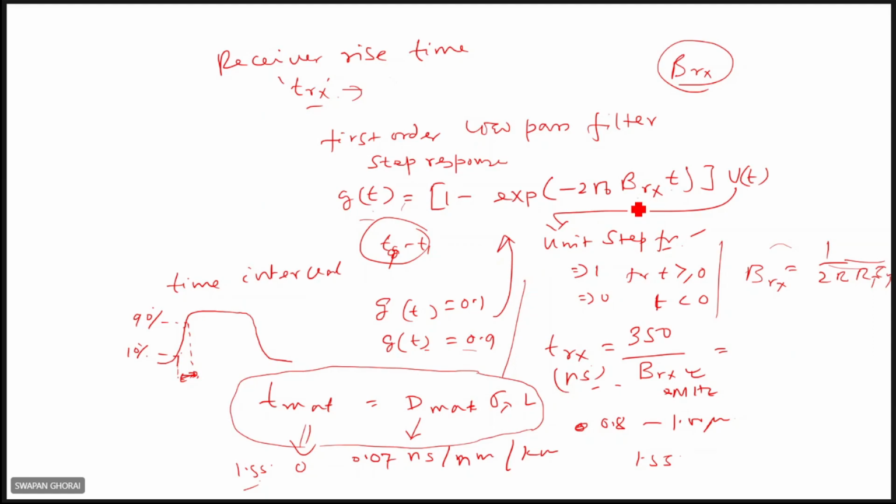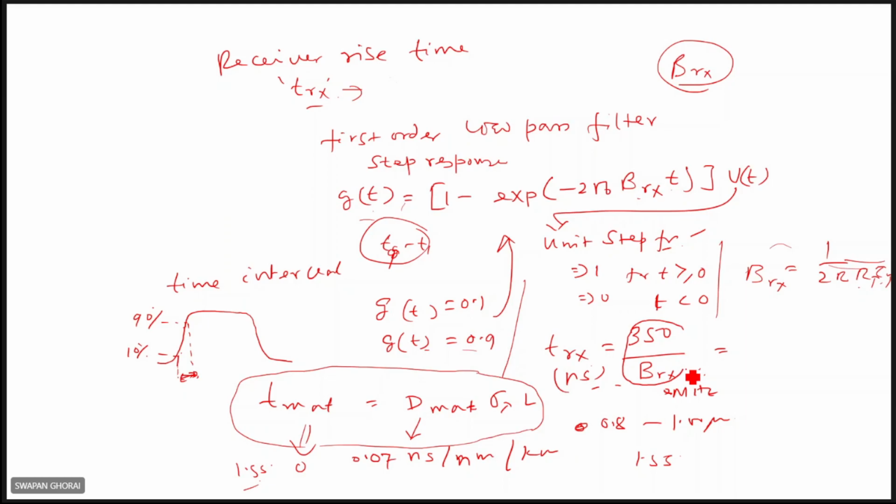Now, what is BRX? It's the bandwidth that we have seen. It depends on the total resistance and total capacitance, 1 by 2 pi RT CT. So that is the receiver rise time, 350 by BRX. So directly, if you know the BRX, then you can find out the receiver rise time, right? That is in nanosecond. Keep in mind, it is in megahertz, it is in nanosecond.